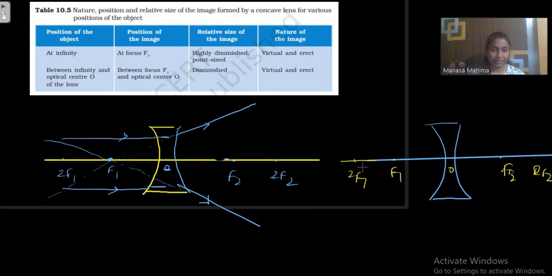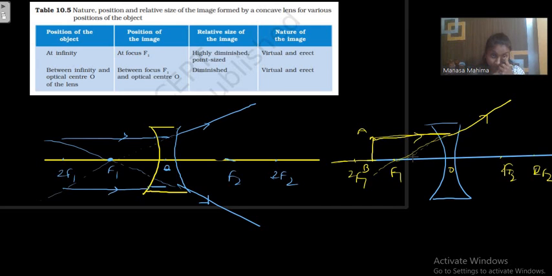So I take the object somewhere here, between infinity and the optical center. The object is placed here. It is AB. One ray I will consider is falling parallel to the principal axis, and after refraction it will diverge in this direction, so I need to extend back this ray.